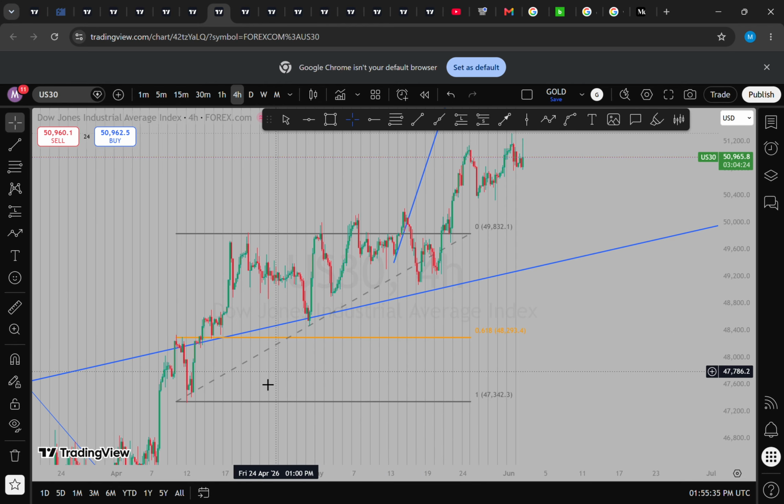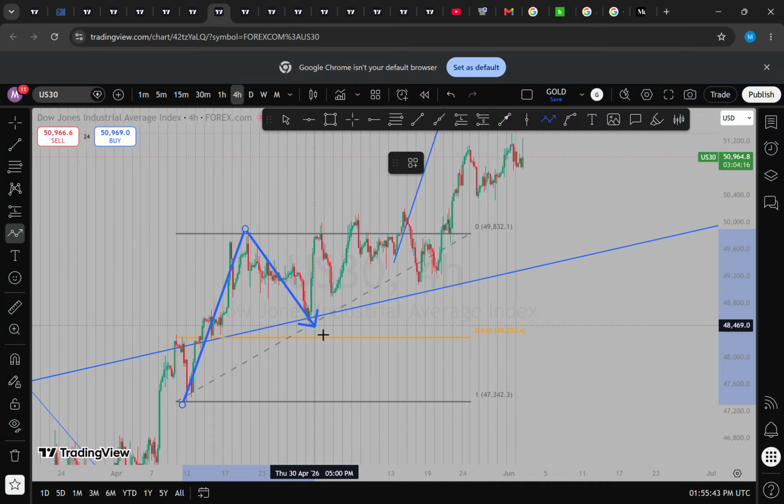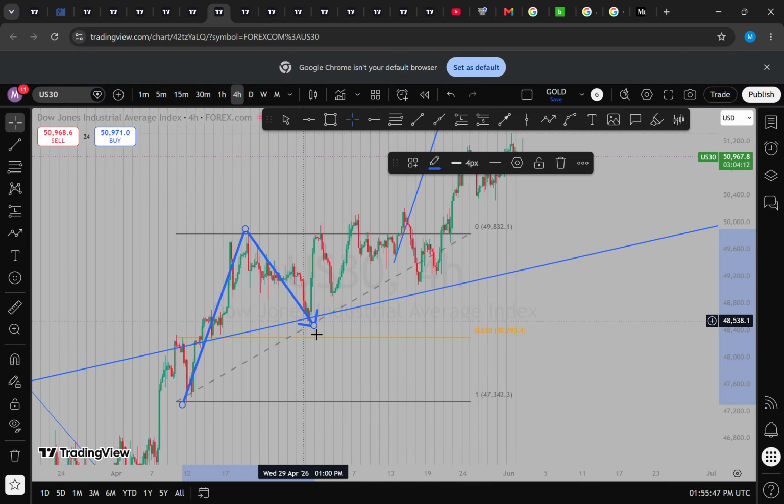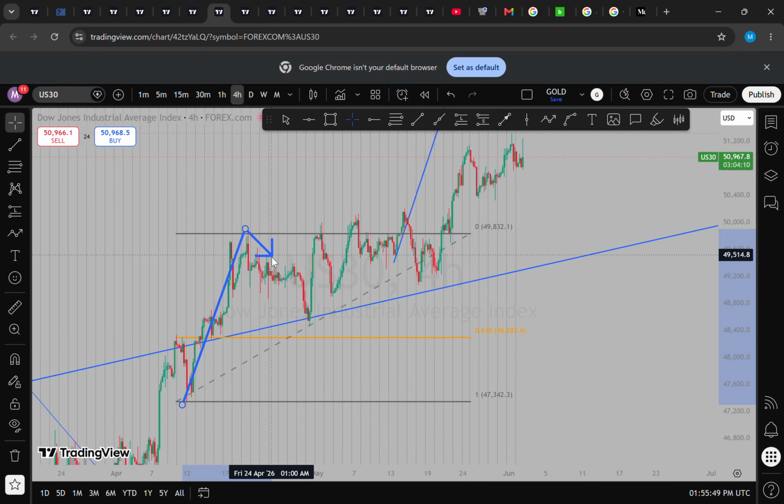You can see from here we have this low, high, higher low. So if you're not careful with this sell down here, if you keep selling, eventually the market will stop you out with this momentum.